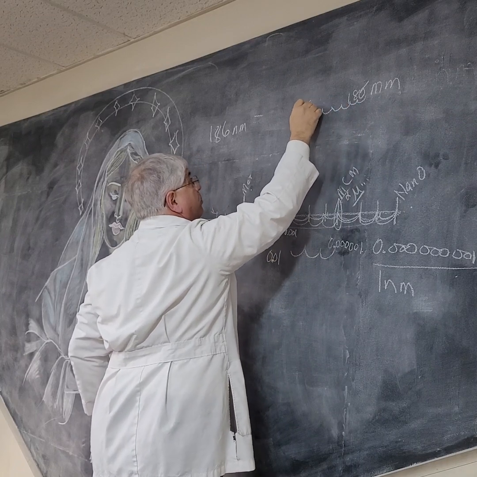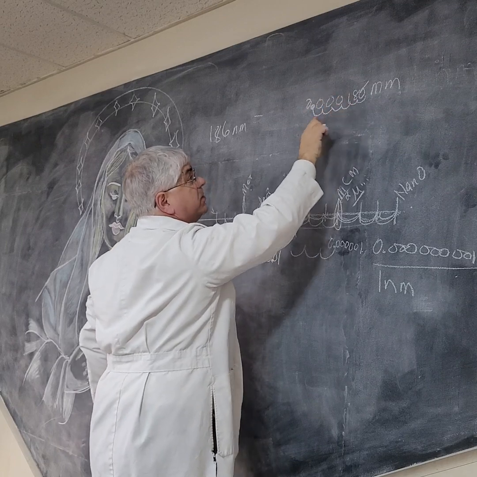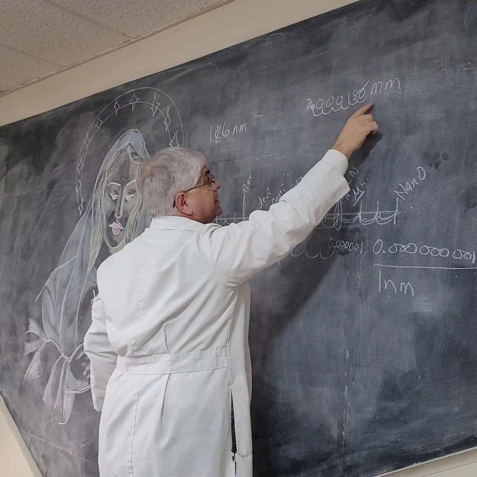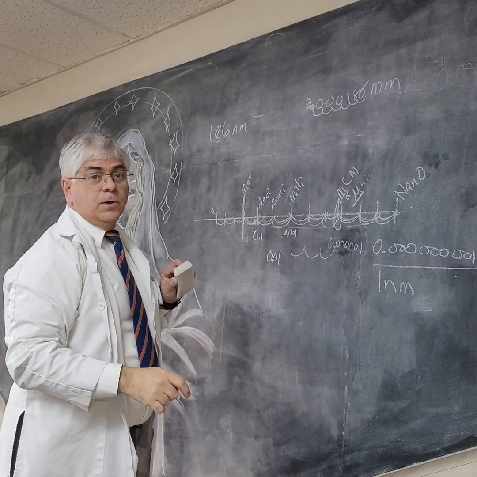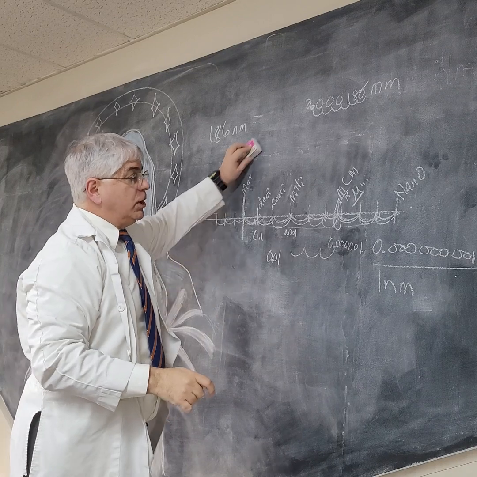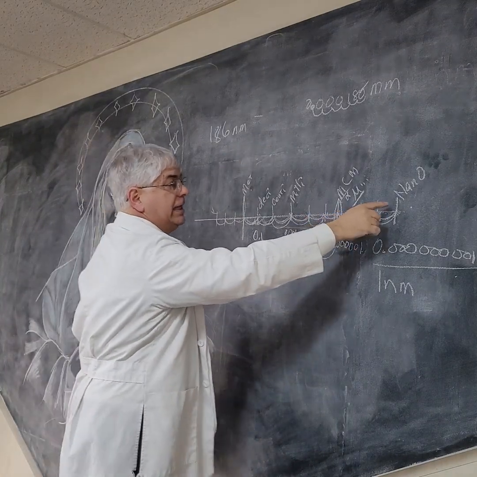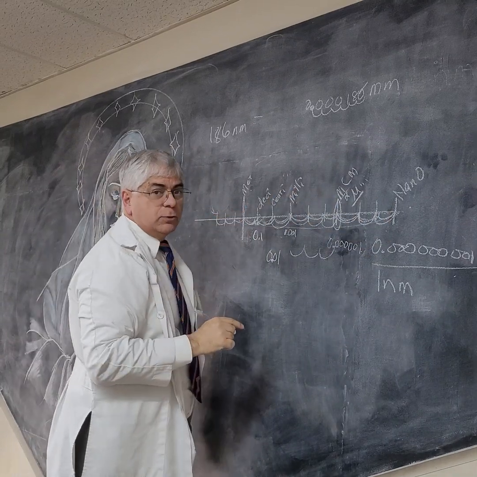So we have our decimal point here. 1, 2, so that's a placeholder. So we have 0.000186 millimeters. And that's what we got earlier. Okay? So we can do that to help us convert any metric measurement to another metric measurement.